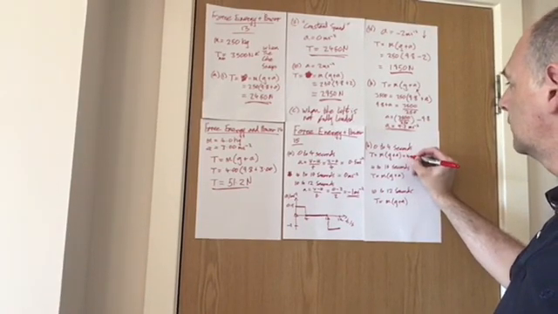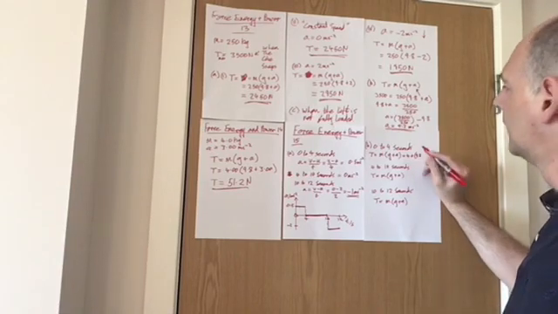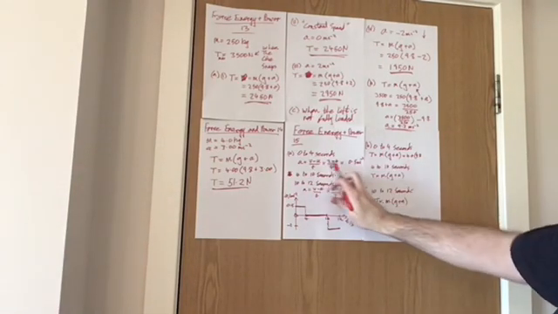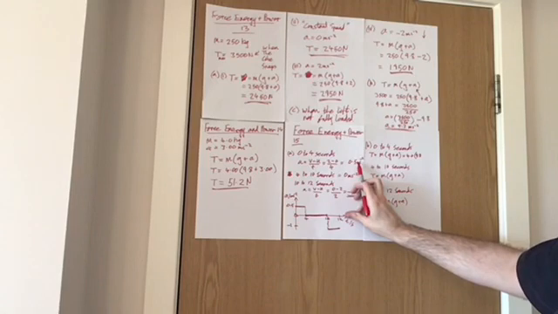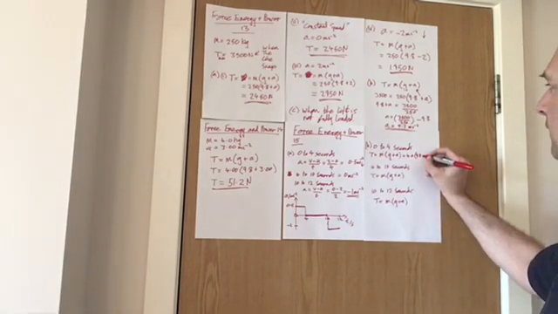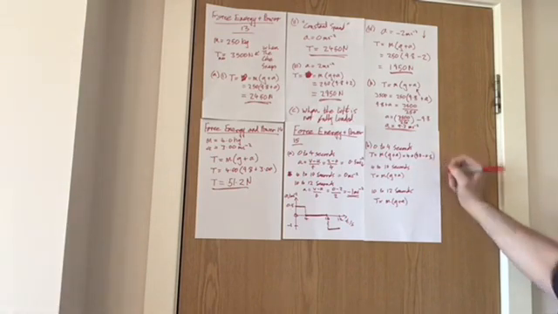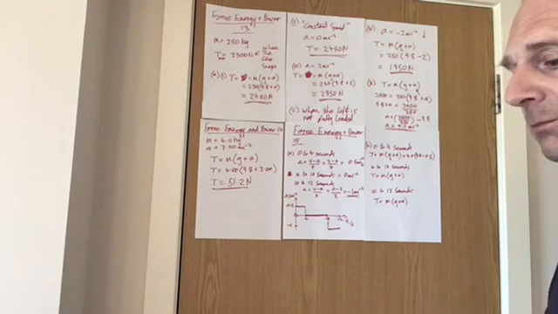We've got 4 kilograms times 9.8 for gravity. We calculated that it was accelerating at 0.5 meters per second squared, but it was accelerating downwards. So that's going to be negative 0.5 that we add on, and as we know, adding a negative 0.5 is the same as taking away a positive 0.5.